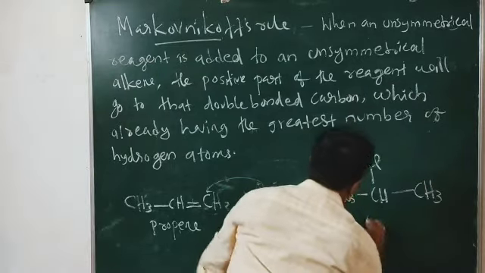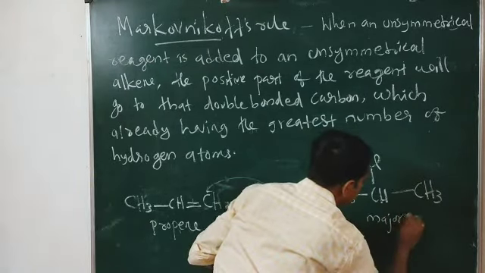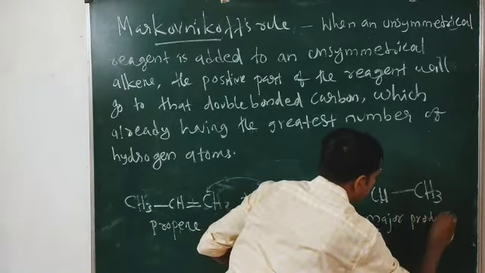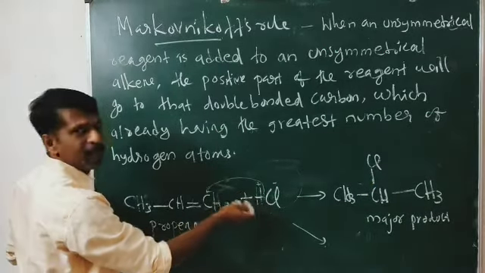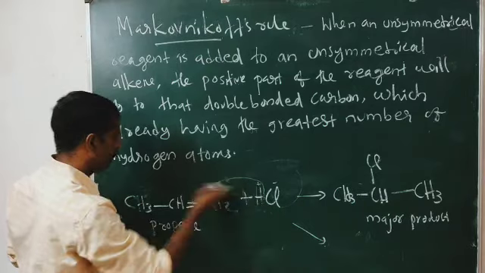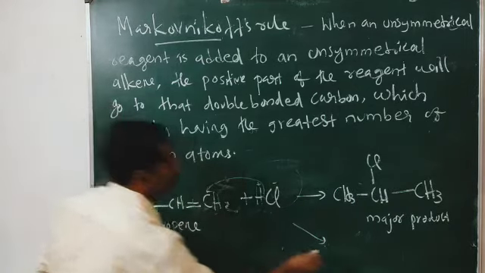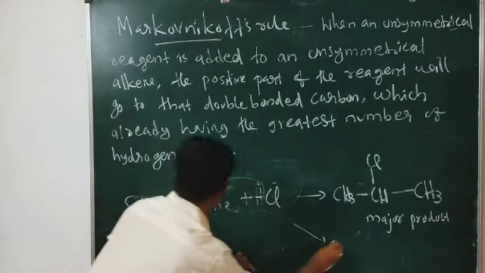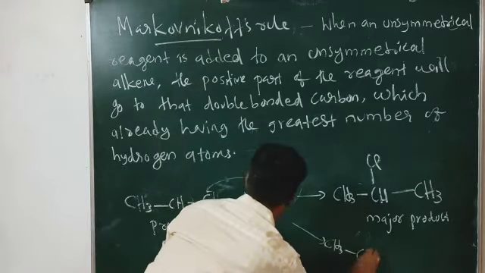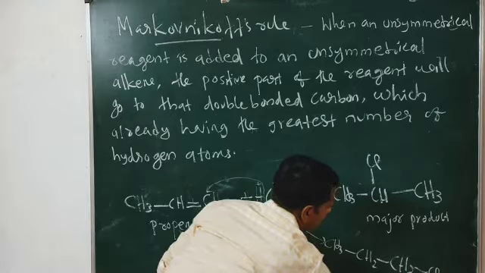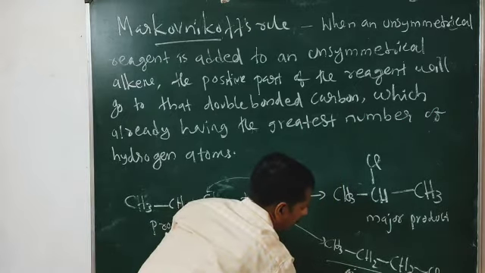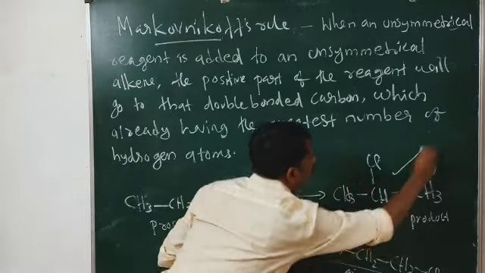This is the major product. Of course, you will have a slight amount of minor product. In that case, the hydrogen will come to this carbon and Cl will come to the other carbon. That means CH3 CH2 CH2 Cl. Actually, this is a very minor product. This is the major product.